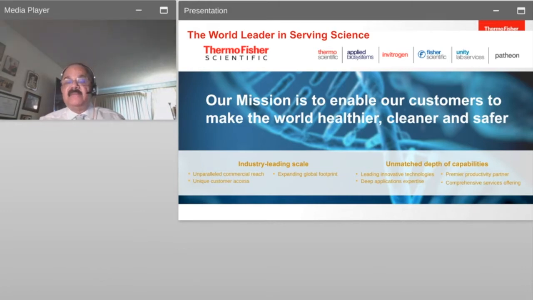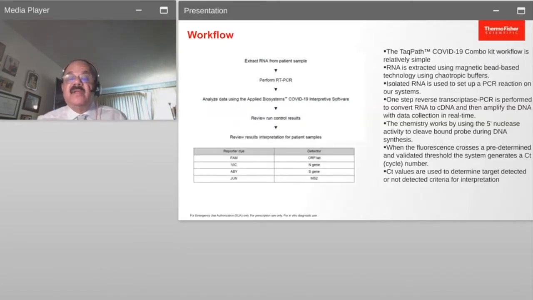On the next slide, what you'll see is a general workflow. So we have an initial RNA extraction on one of our platforms referred to as the KingFisher, and that gives you nucleic acid. The nucleic acid is then used to set up an RT reaction, a reverse transcriptase PCR reaction, which is done on our Applied Biosystems instruments.